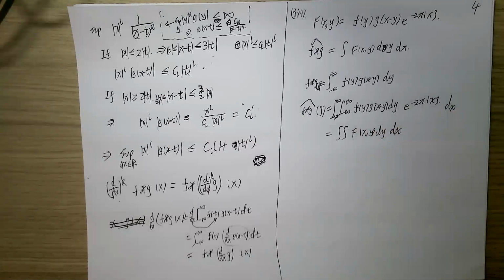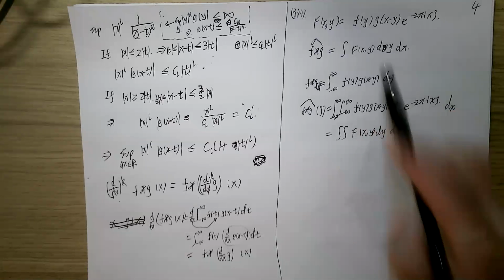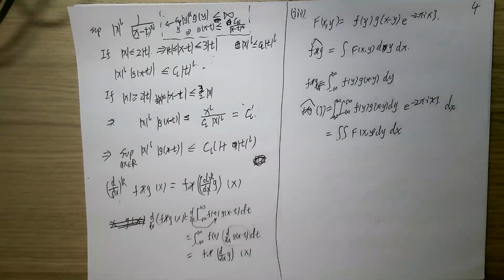And now, since this capital F(x,y) decays fast enough, which means the integral converges and is smooth in both x and y, you can see that our functions are pretty nice and decay.